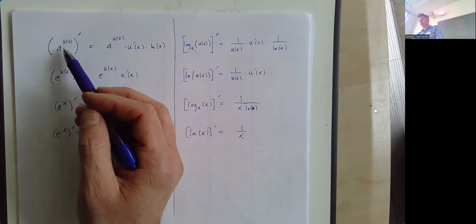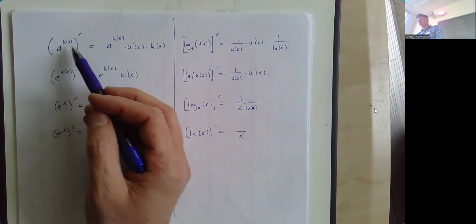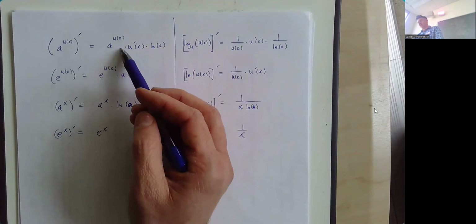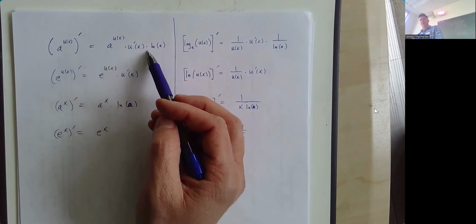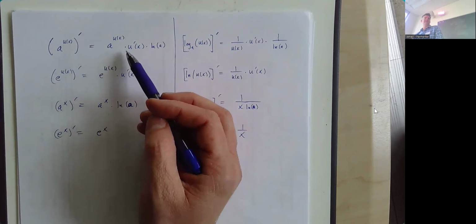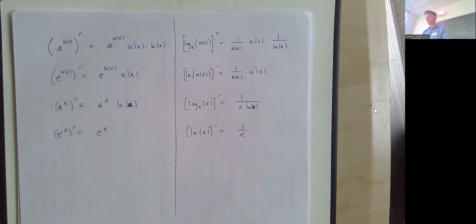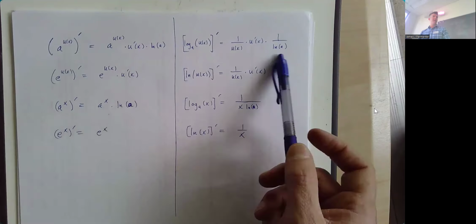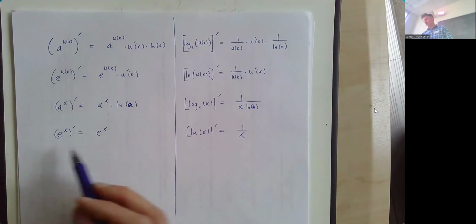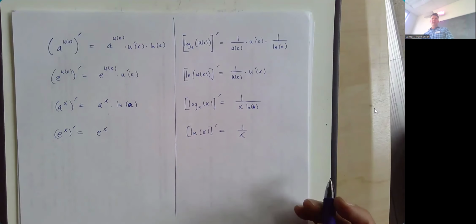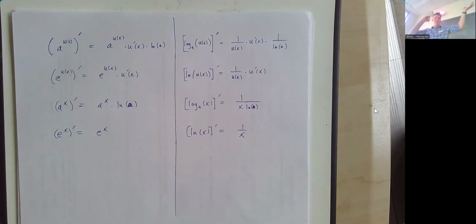And the derivative of my base to the stuff is e to the x times the derivative of x times the natural log of e, which is e to the x times 1 times 1. So really, technically, you only need to know these top two formulas, but honestly, these bottom ones are the ones that you remember, and then you just use the stuff version of them when you have to.